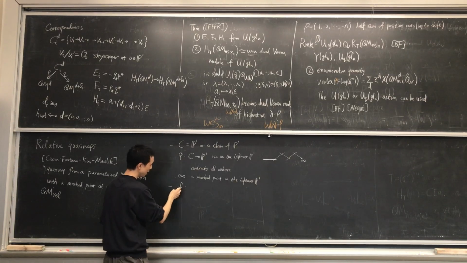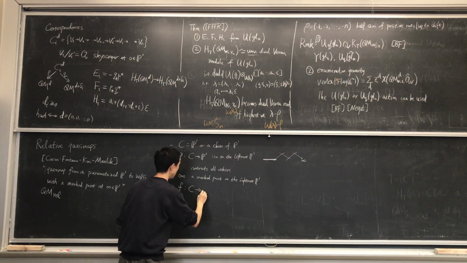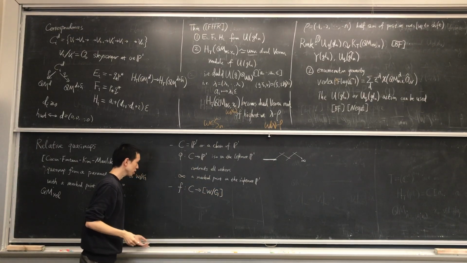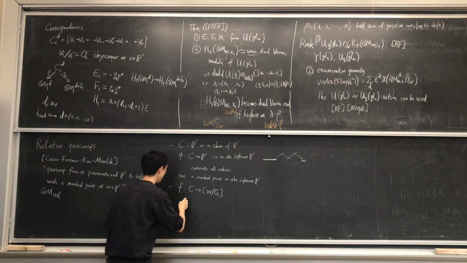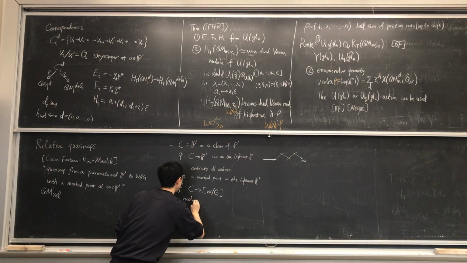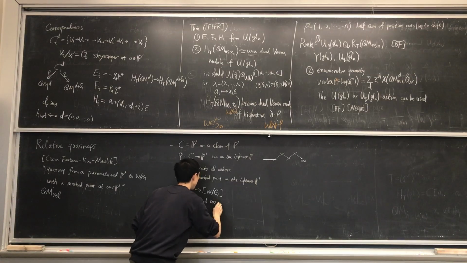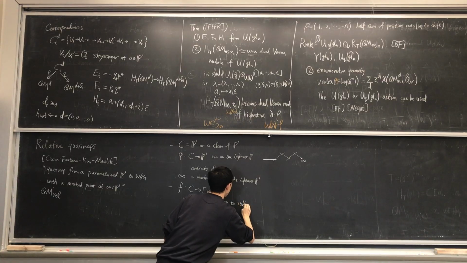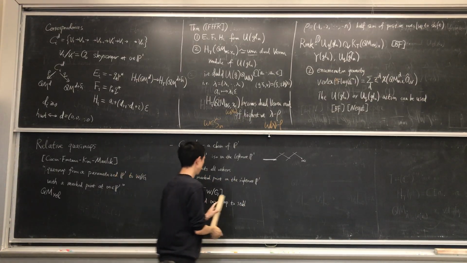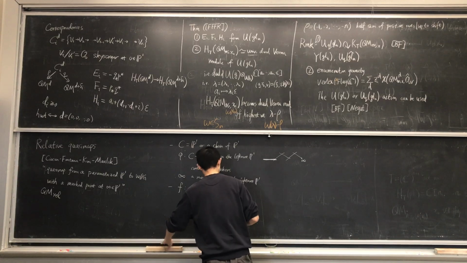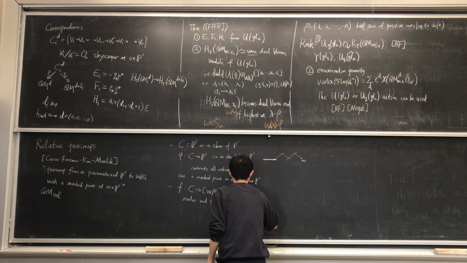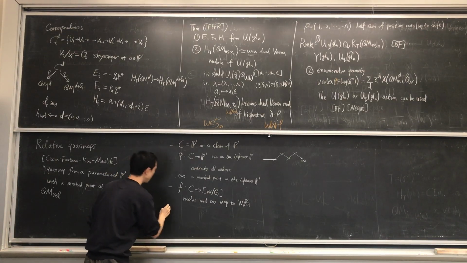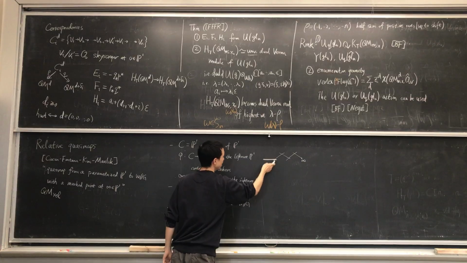So it contains the information of a map from this C to the stack quotient, with the condition that the nodes and the infinity map to stable points. And we need one more condition, that the degree on each bubble is not 0.